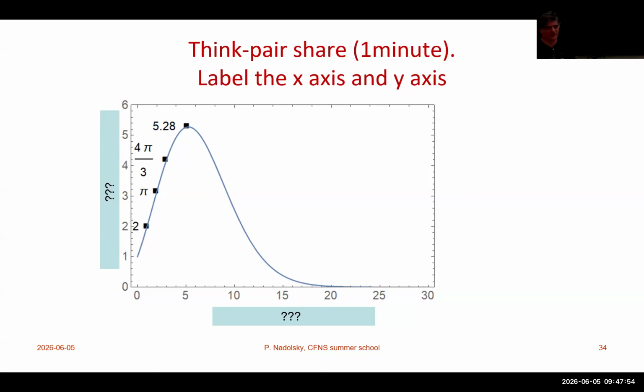And what is that property? Any thoughts? Anyone? So what are your hypotheses?